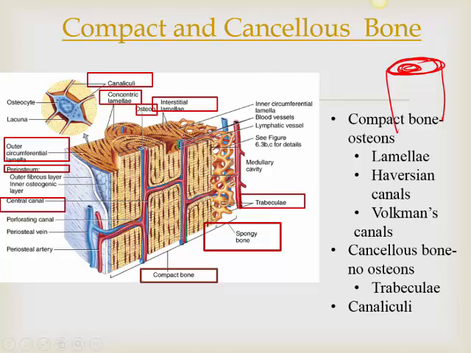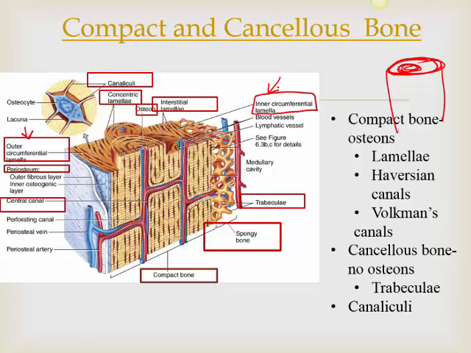In other words, they're going around the outer circumference and the inner circumference. Such lamellae are known as outer circumferential lamellae and inner circumferential lamellae.